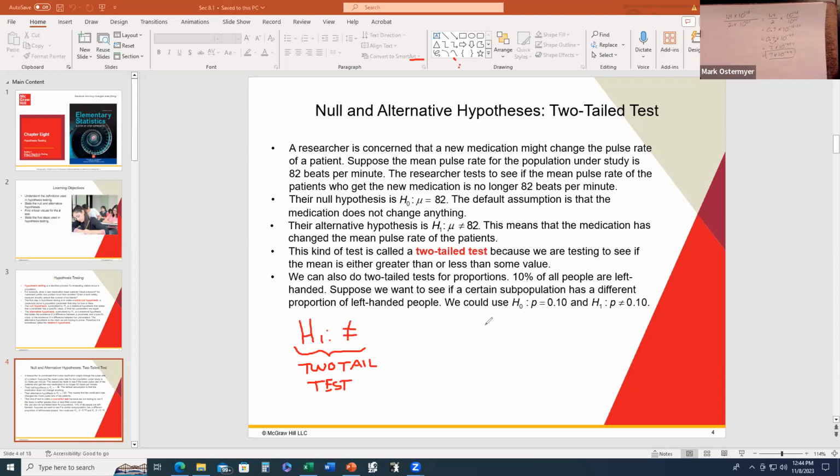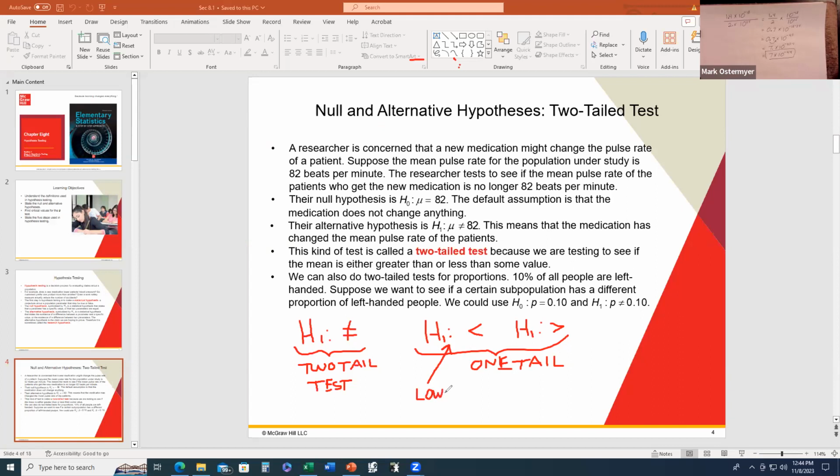If your alternative hypothesis, on the other hand, has a less than symbol, or your alternative hypothesis has a strictly greater than symbol, these are called one-tailed tests. Specifically, if your alternative hypothesis statement is a less than symbol, this is called a lower tail test.